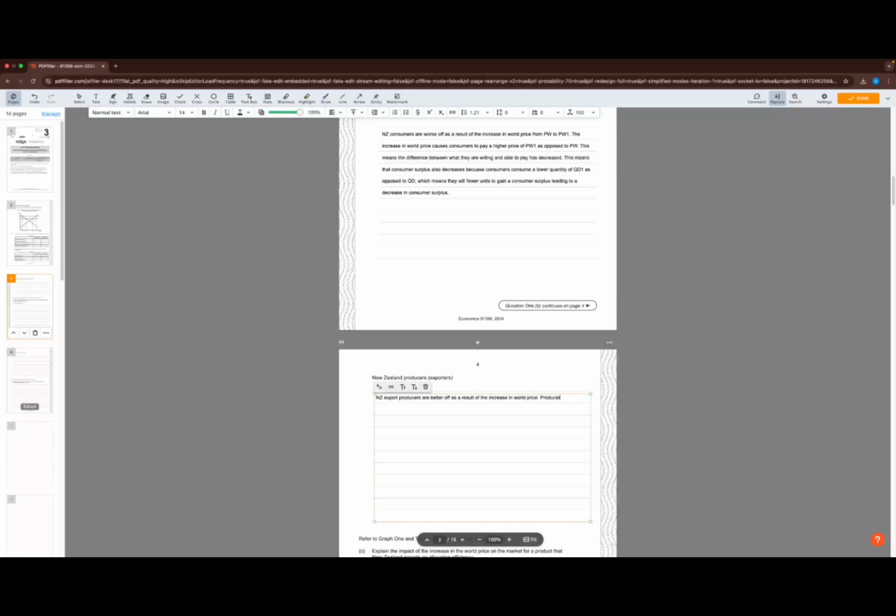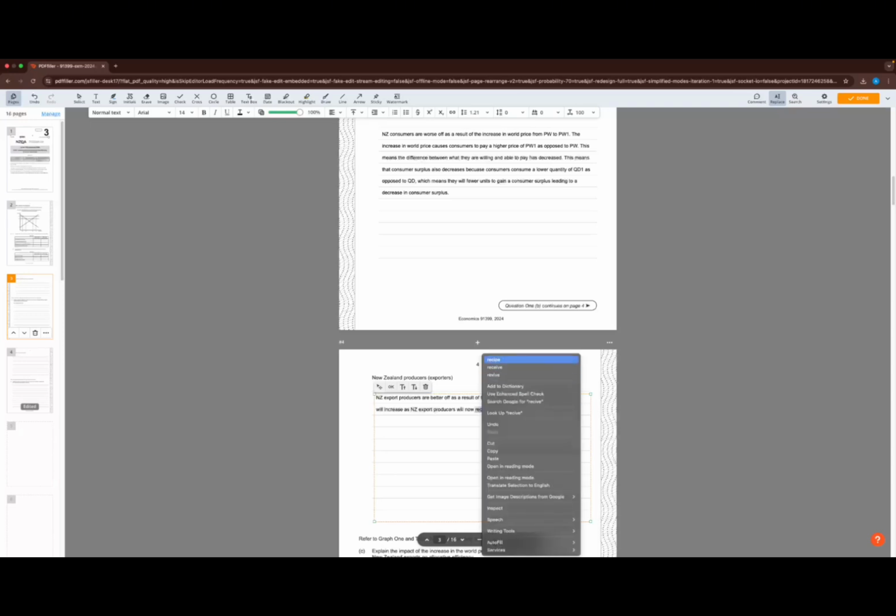Producer surplus will increase as NZ export producers will now receive a higher price. Remembering back to the graph, guys, we receive a higher price now for our goods, a higher price of PW1 as opposed to PW.